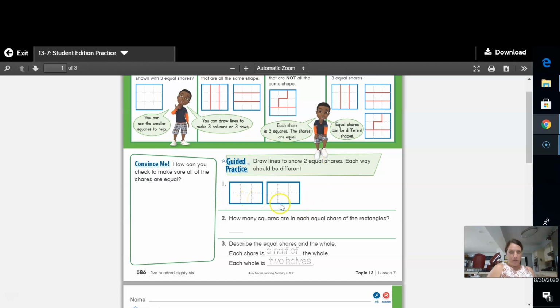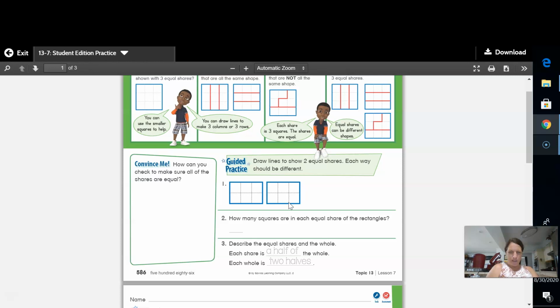Now we're going to come over here. What's another way we can show equal shares and make 3 small squares in each share? Try that with your pencil for a minute and see what you come up with. Okay, I think if you put your pencil where mine is, we're going to draw down 1 square, over 1 square, and down 1 square.